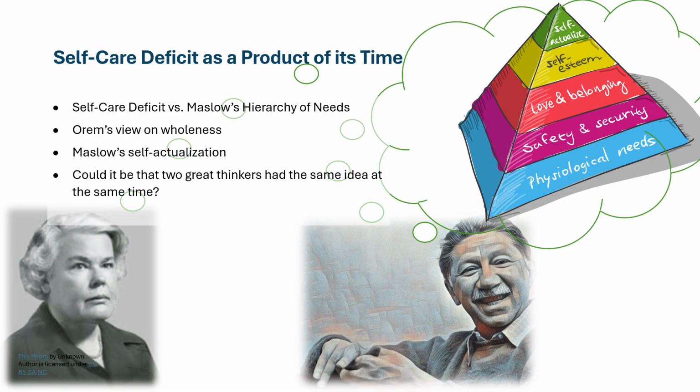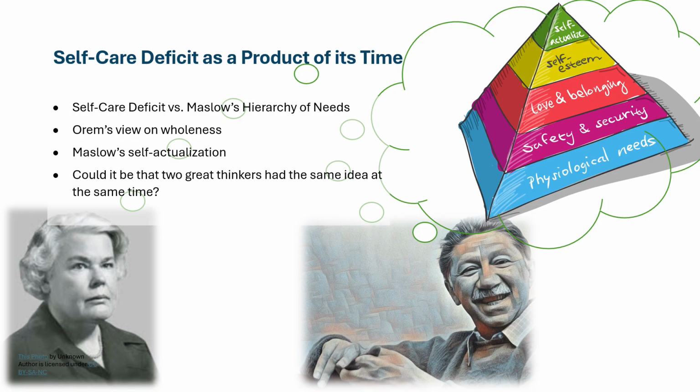Something that interested me as I was doing my research for this project was that Orem's thoughts on the goal that self-care strives to meet were developed at the same time Maslow was creating his hierarchy of needs. The hierarchy of needs should sound pretty familiar to us. It was up and down RN school.